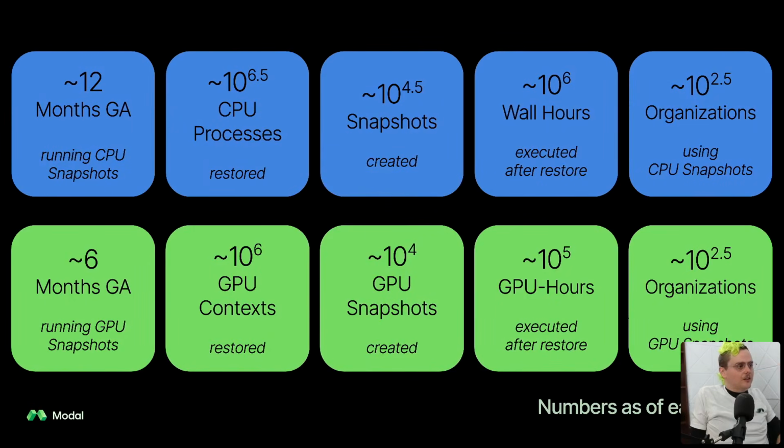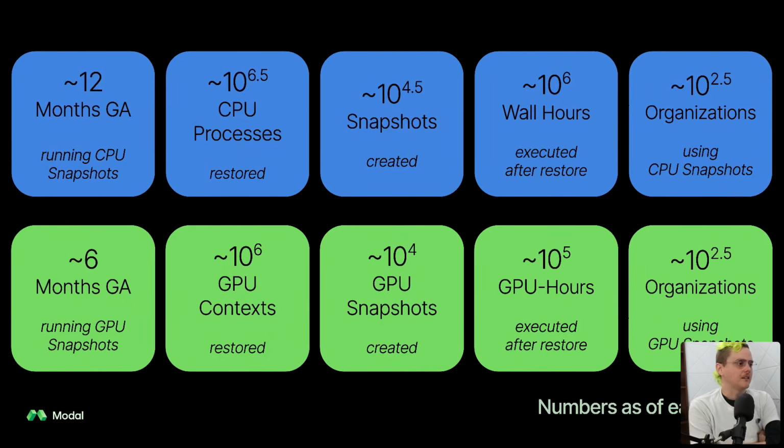For GPU snapshots, they're a little bit newer. We've had them for about 6 months. GA is not quite right. There's no need to talk to sales in order to use them, but they are still, I think, in beta. But they've been usable on Modal for users for 6 months.